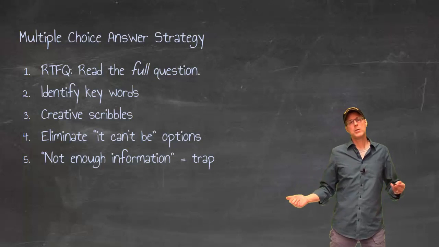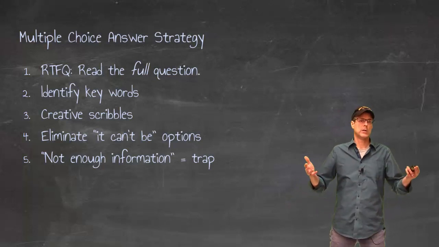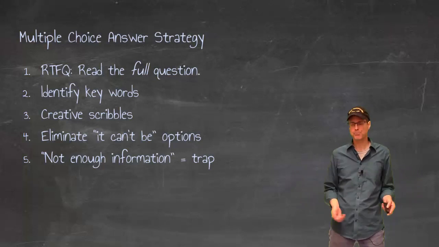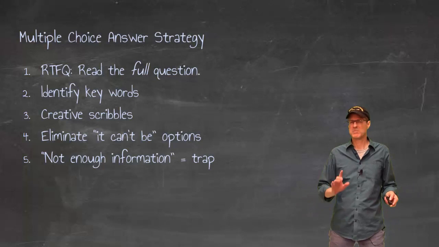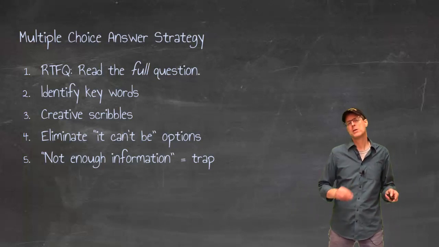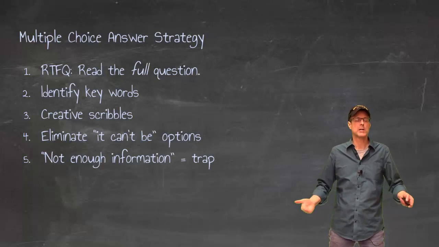It's probably not going to happen a lot where you have 2 options that you can automatically eliminate, but there should be one option that you look at and think, no, that's probably definitely not it. And I always have 4 options on my multiple choice answers, and if I can't think of a good 4th option, I'll usually use "not enough information."